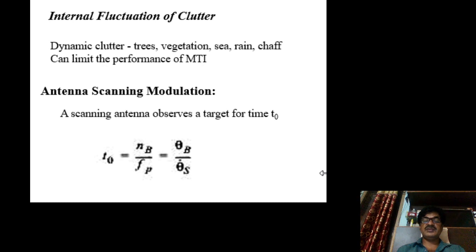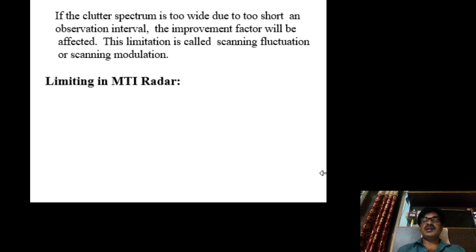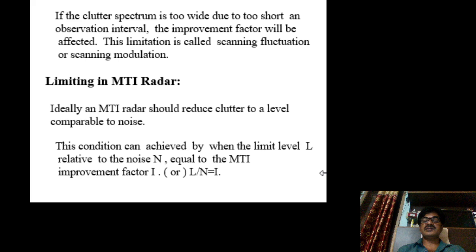If t naught is very small, that is, the observation time is very small, the clutter spectrum is very wide. When the clutter spectrum is so wide, its effect on the performance of the system is large. So that is about scanning modulation.